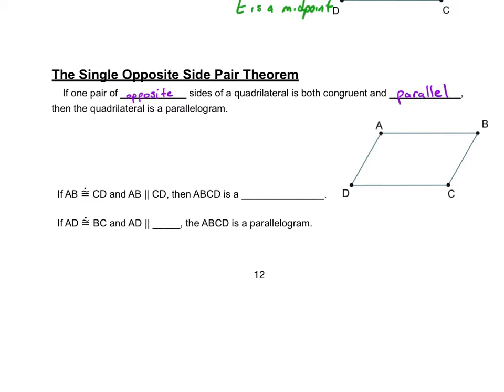So, opposite sides. It says if AB is congruent to CD and AB is parallel to CD, then ABCD is going to be a parallelogram.